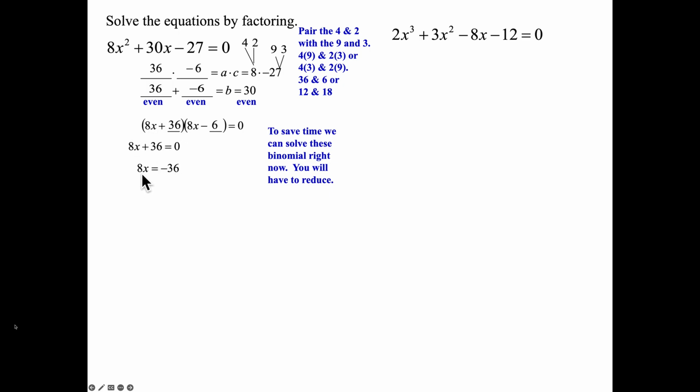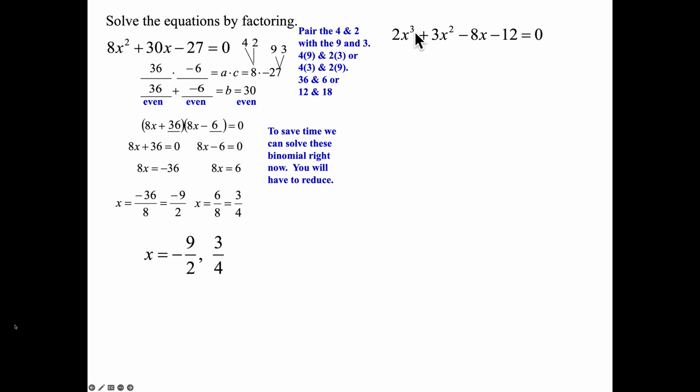Subtract over the 36, divide by 8, but then you reduce this fraction by 4. That's where the GCF of 4 has been removed. So negative 9 halves. 8x minus 6 equals 0. Add over the 6. Divide over the 8. There's a GCF of 2, but 6 over 8 reduces by 2. That's where I removed my GCF. There's my two answers, negative 9 halves and 3/4.